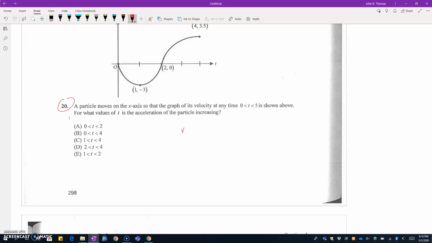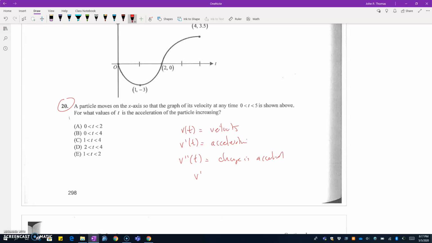All right, so v of t is velocity. All right, so v prime of t, the derivative of that graph, would be acceleration. All right, and then v double prime of t would be change in acceleration.